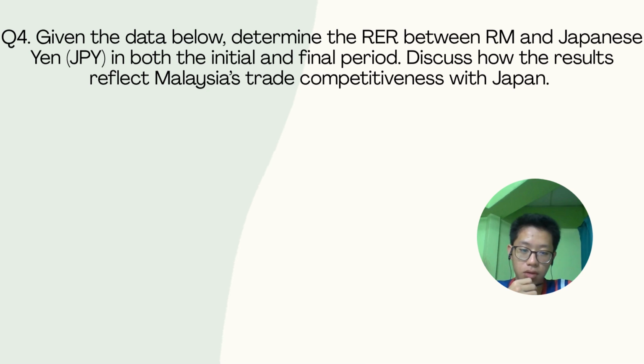This provides two results. When Malaysia exports to Japan and the RER decreases, Malaysian goods become more expensive and competitiveness decreases. In contrast, Japan's exports to Malaysia become more competitive and cheaper.